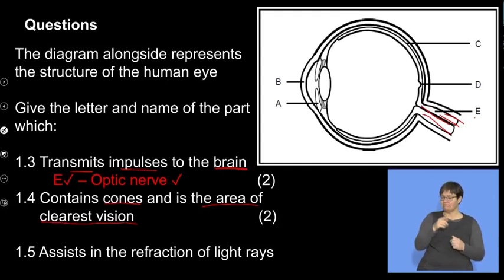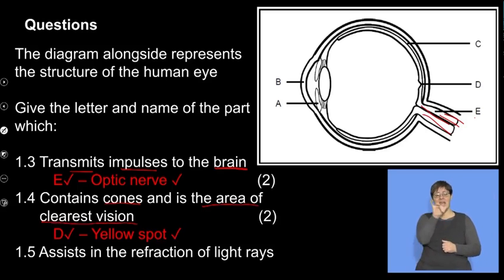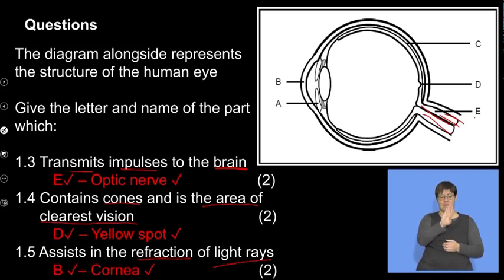Which one should be that? It should be D, where we know it's the yellow spot. Number 5, a part that assists in the refraction of light rays. Which one will be that? That would be B and is referred to as the cornea.